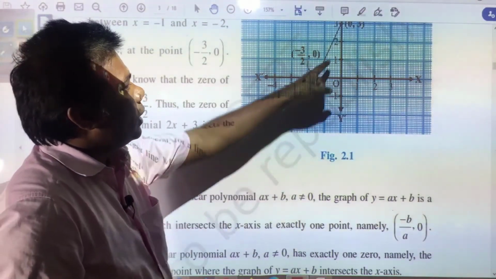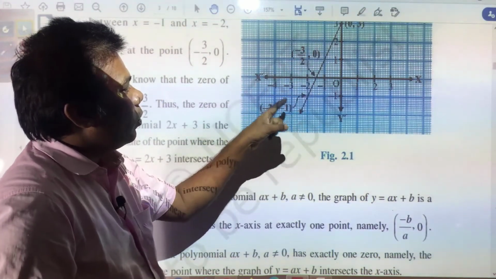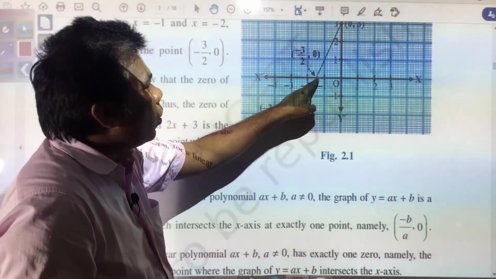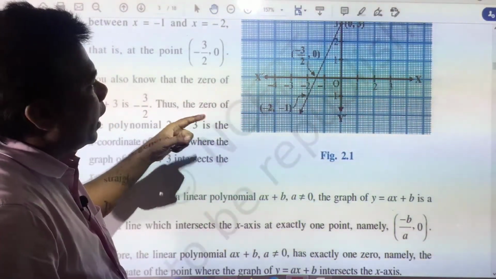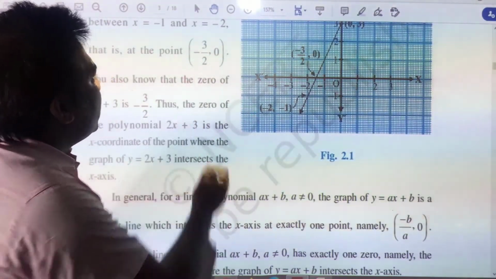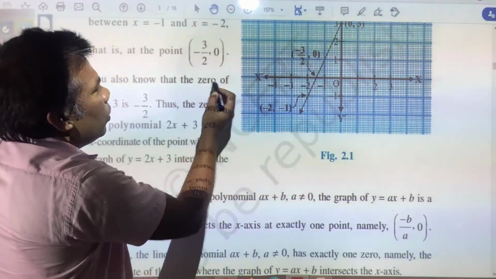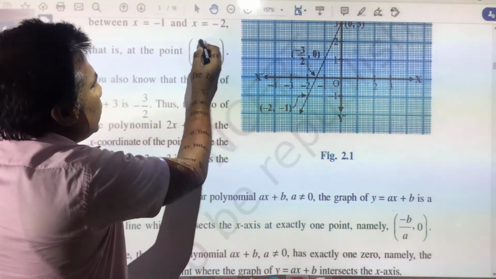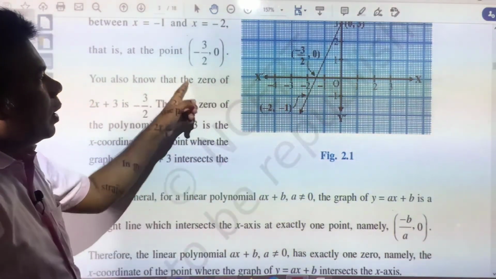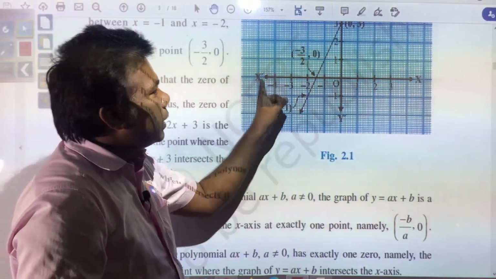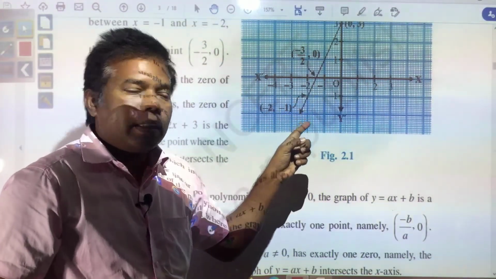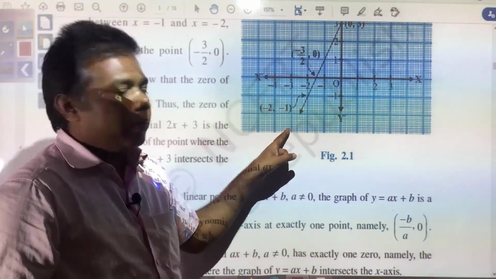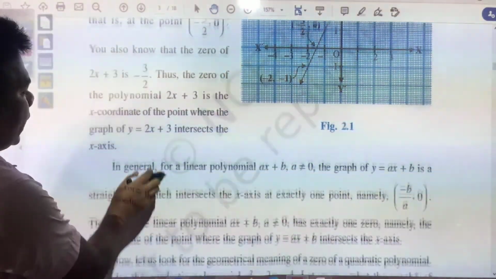At which point will this straight line intersect your x-axis? At the zero of the polynomial. The zero of the polynomial means -3/2 is your x over here, and at that point only the x-axis will be intersected by this straight line.